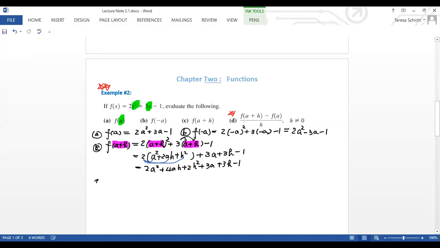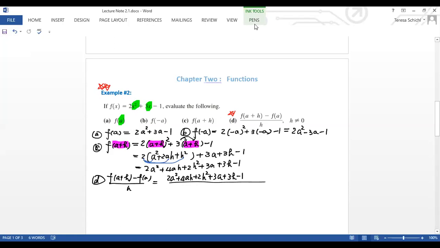Now let's take a look at part D. So how do we do that? Part D is f of a plus h minus f of a, over h. We already have f of a plus h. So this is 2a squared plus 4ah plus 2h squared plus 3a plus 3h minus 1, then minus f of a, right?